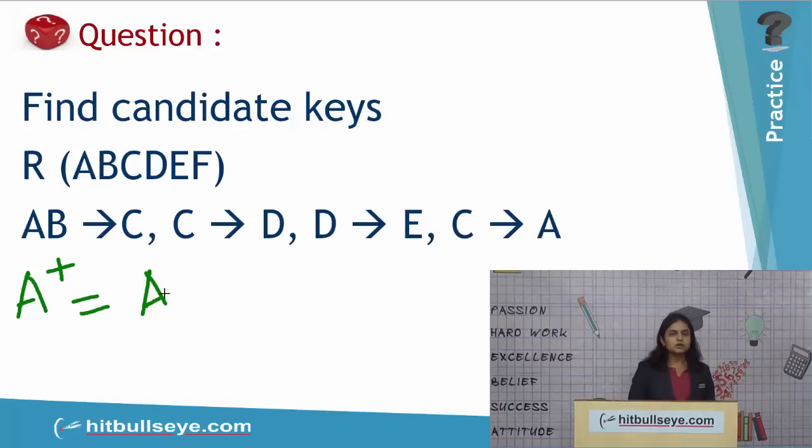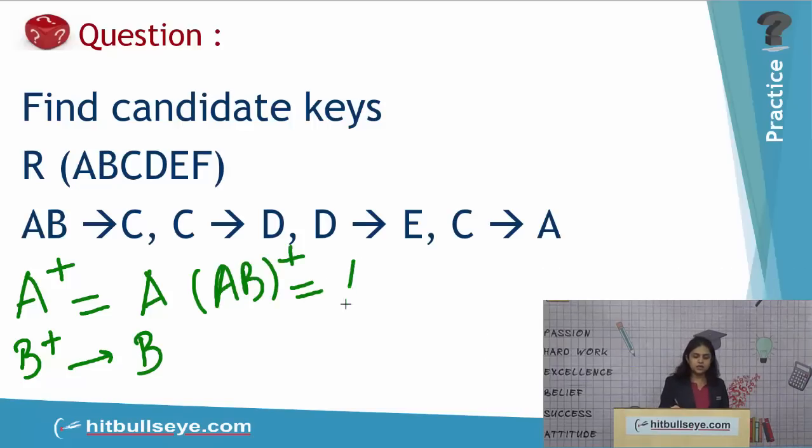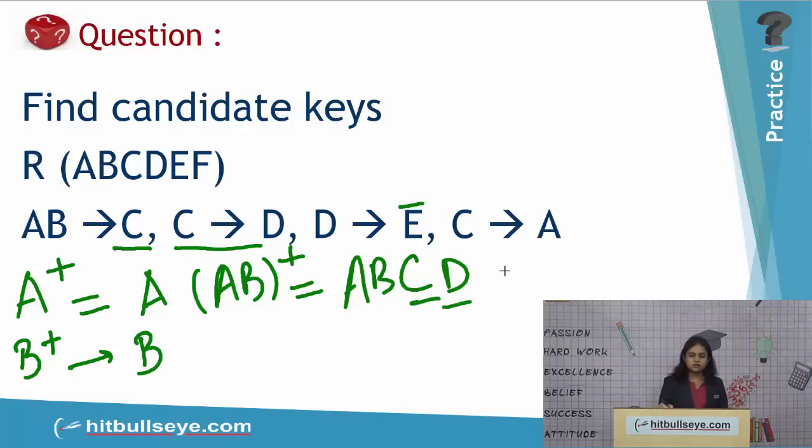I can get only A. From B closure, I cannot get anything. I can get only B. From AB closure, I can get A, B. From AB, we get C. From C, we get D. From D, we get E.